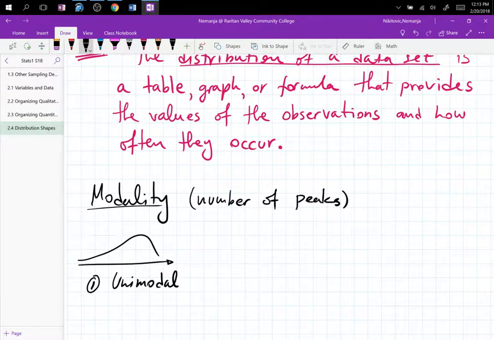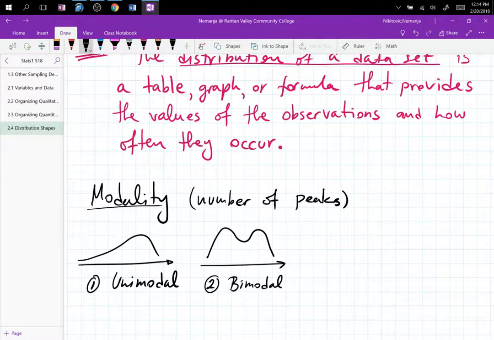You can have something like this, which is bimodal. And then the multimodal.